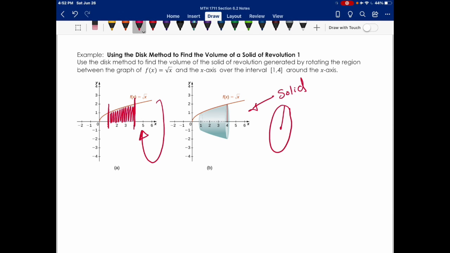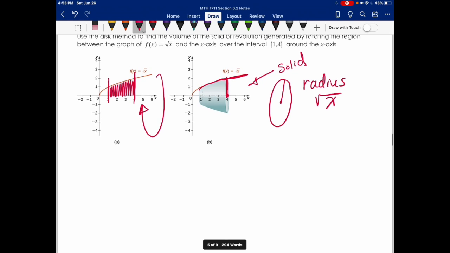And then when we spin it around, we get this solid. And when we do that, our cross sections are going to be circles that have a radius of square root of x, because that's how far, if I look at this picture, my radius comes out to the function, which is the square root of x.